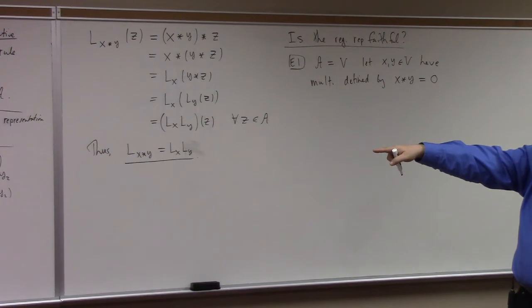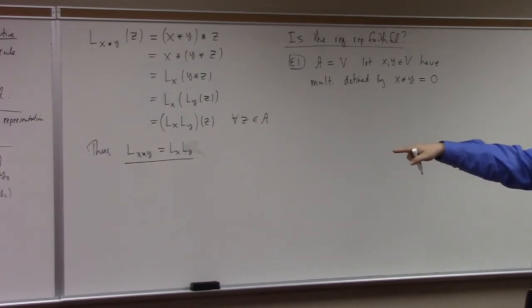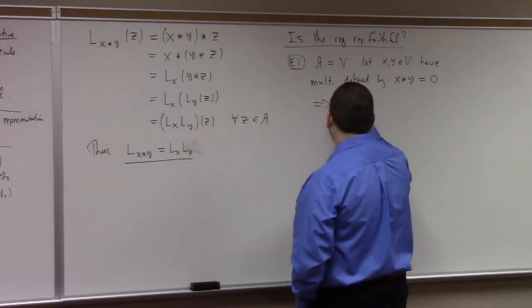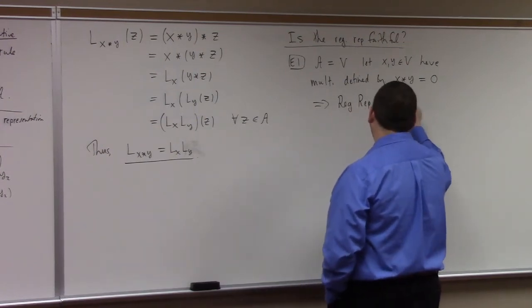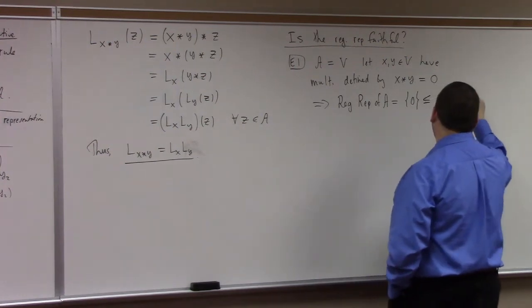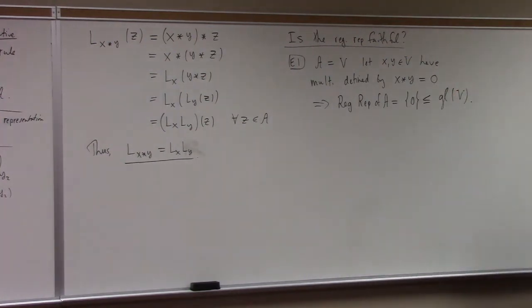But that will also make the regular representation be what? This will force the regular representation to be the set of 0 maps over the vector space. Which is a subspace of GLV. I mean, it is a representation, right?